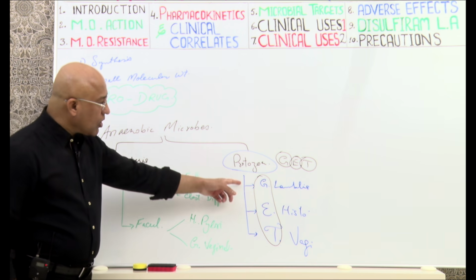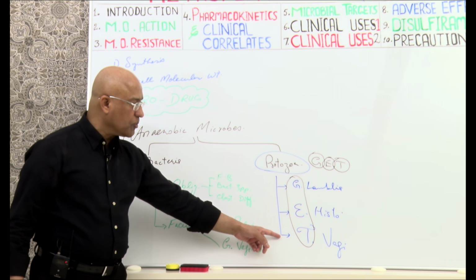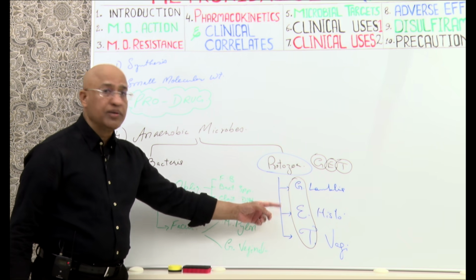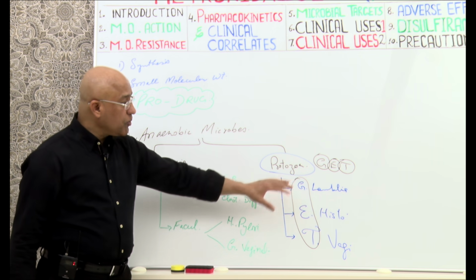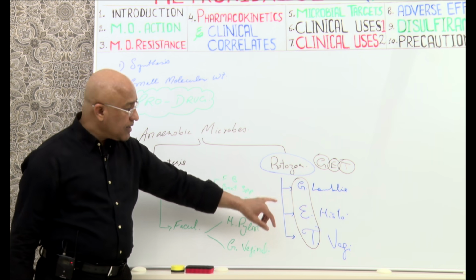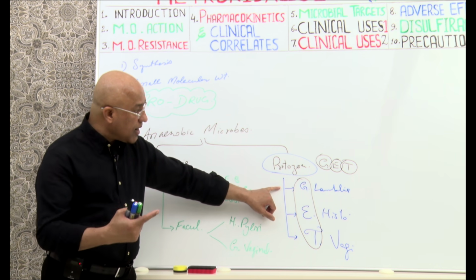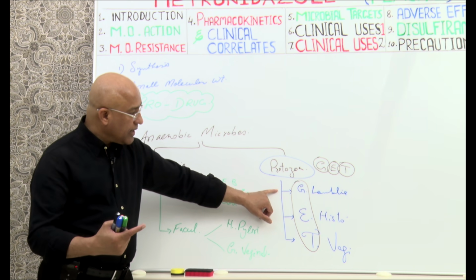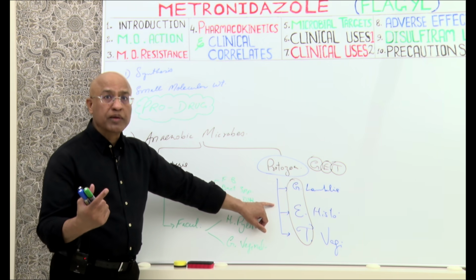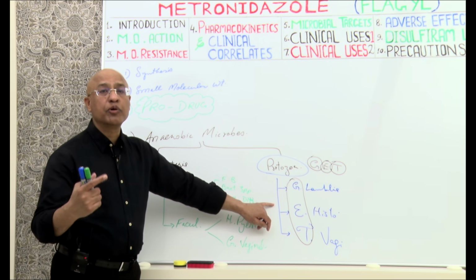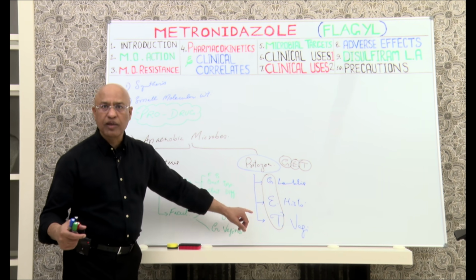Now, these organisms, Giardia, Entamoeba histolytica, and Trichomonas vaginalis, they are also having anaerobic pathway to produce the energy, right? So, as we will see very soon, in the anaerobic pathway, electrons are released in such a way and captured by metronidazole that metronidazole becomes active and produces toxic free radicals within these organisms and kills them, right?